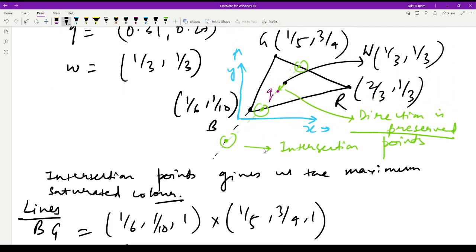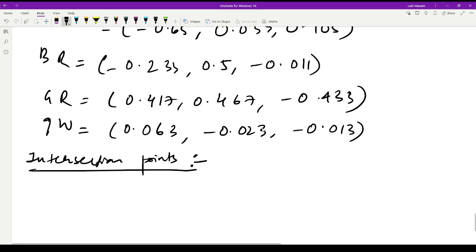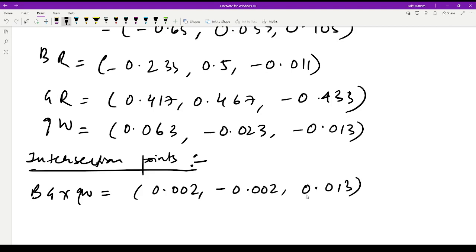Again, take a cross product. So we first get BG cross QW, which turns out to be 0.002, minus 0.002, 0.013. Oh, no, there is no minus. Okay.